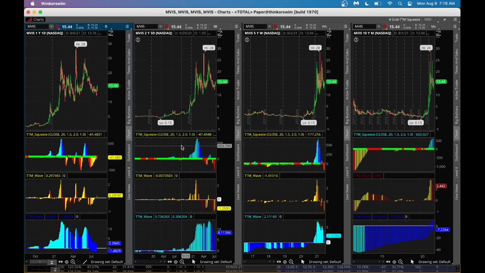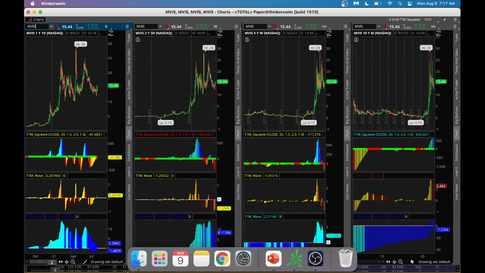As you see here, we've got a red dot forming in the daily chart, which tells you that at this time the Bollinger Band is within the Keltner channel, and there is a tight compression of volatility at this point. We also saw it's got a very low IV percentile. The shorter term A wave is above zero, that's a positive. The longer term C wave is also above zero.